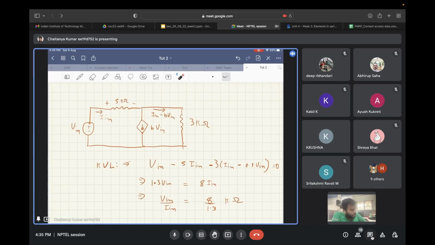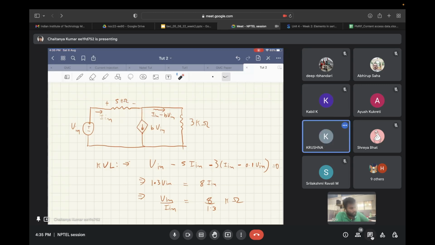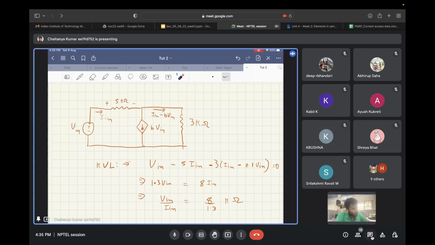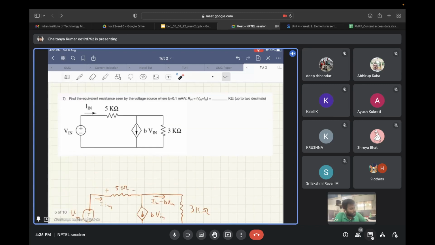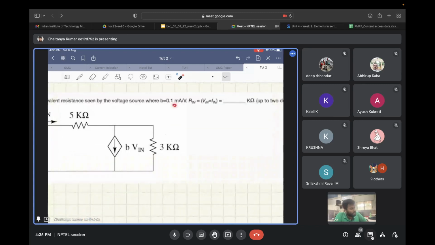No, B times V in is the current. Okay, yeah. So this might be confusing. This B is not a resistance. You must check the units of this. It's milliampere by volt. It's actually conductance. It's not resistance.